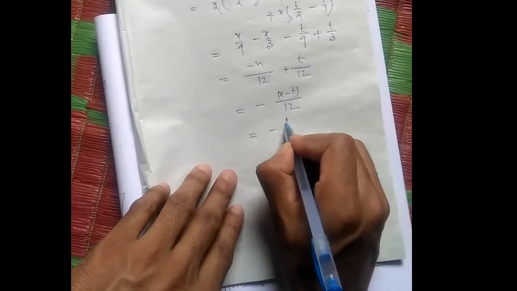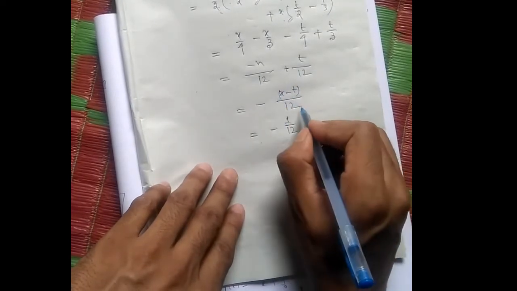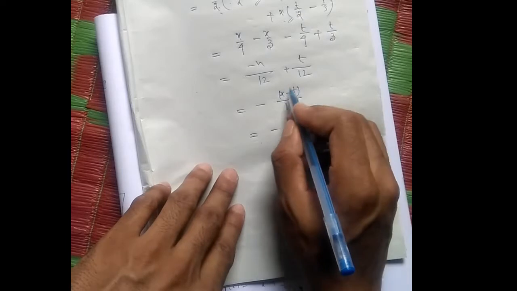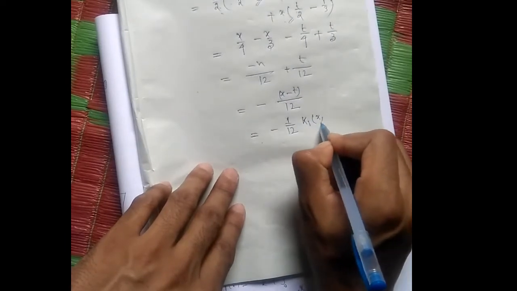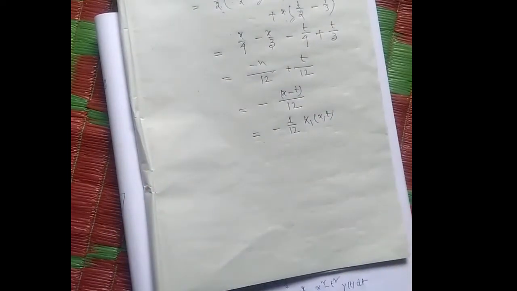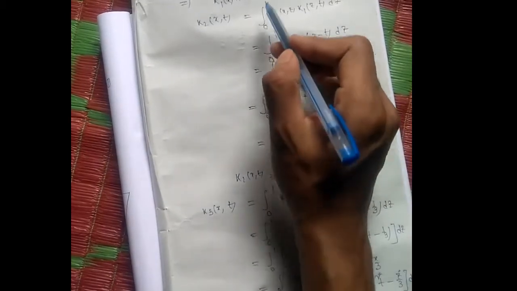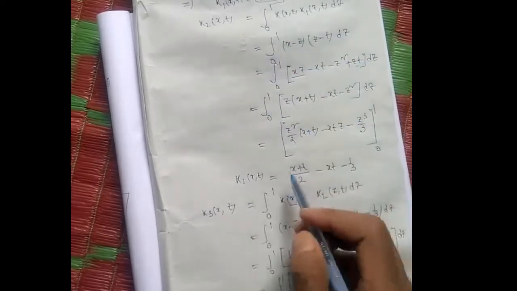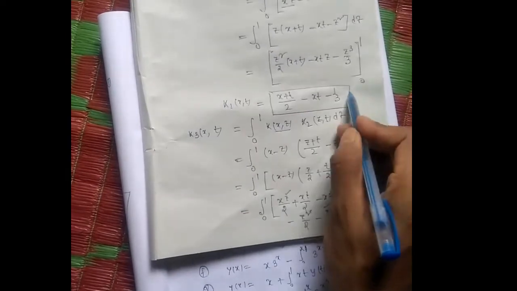So this is minus 1 by 12 (x minus t), and x minus t is nothing but k1(x,t). So k1 is x minus t, k2 is this, and k3(x,t) is this.